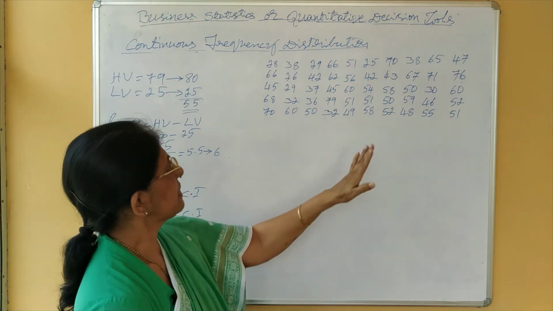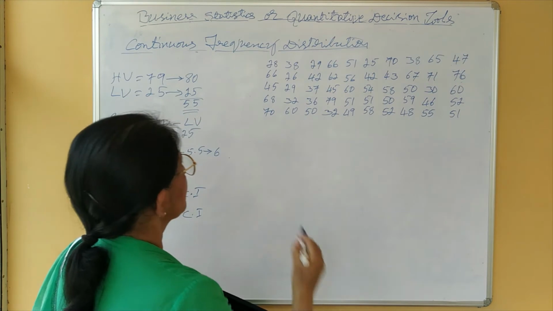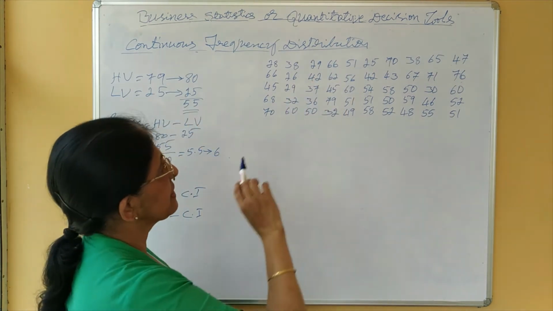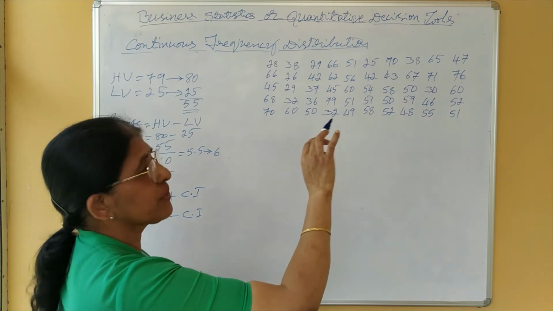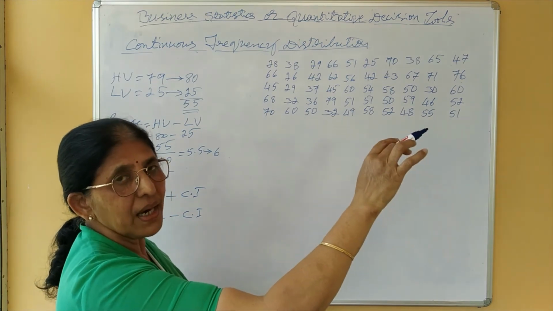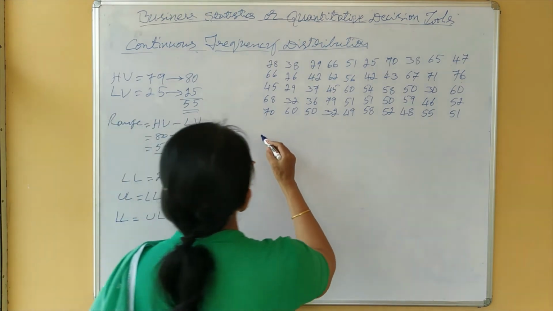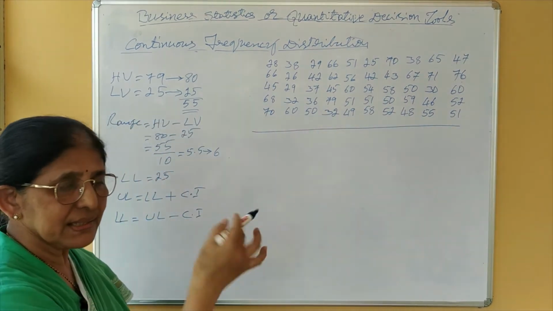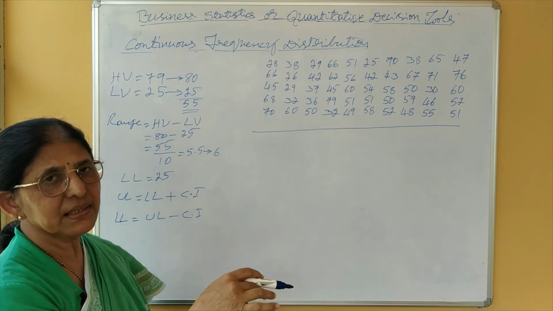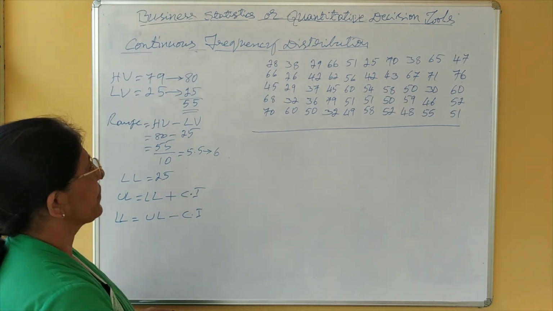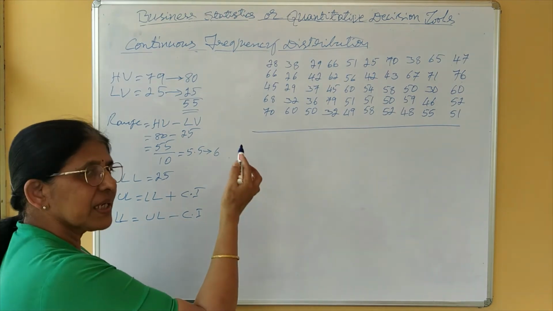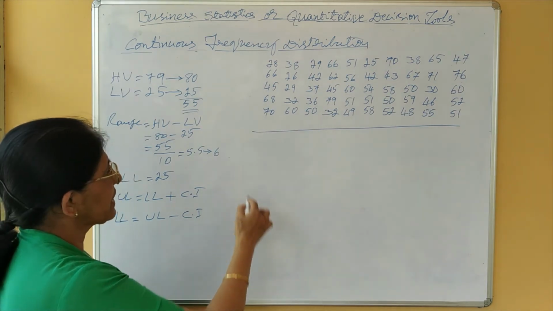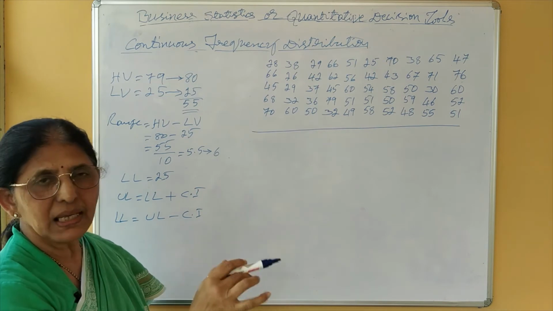Now we have to prepare the continuous frequency distribution table. These are the distribution of students on the basis of marks. As usual, as in case of discrete series, here also we take the variables. Instead of taking variables in exact single values, here we take the variables in groups or in classes.